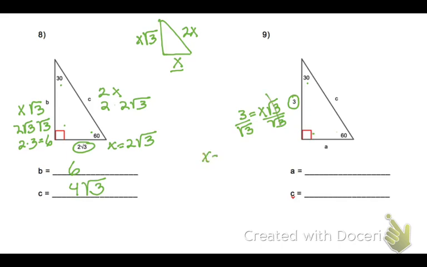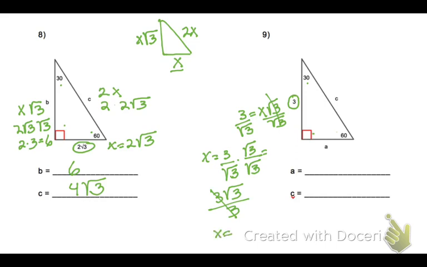We have x equals 3 over the square root of 3, but we know that we cannot leave a radical in the denominator, so we have to multiply by it, and we end up with 3 times the square root of 3 over square root of 3 times square root of 3 is 3. The 3's cancel. And so x is equal to the square root of 3.